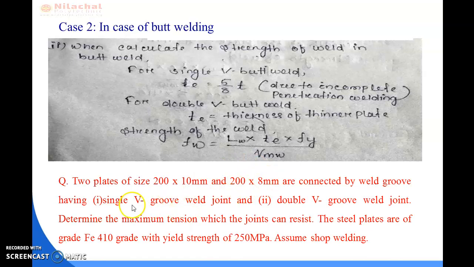And two cases are there. First one is single V groove weld and second one is double V groove weld. Then the grade of the steel is given, which is Fe410, and the yield strength of the steel is also given, which is 250 MPa. And the type of welding is also given, which is shop welding.